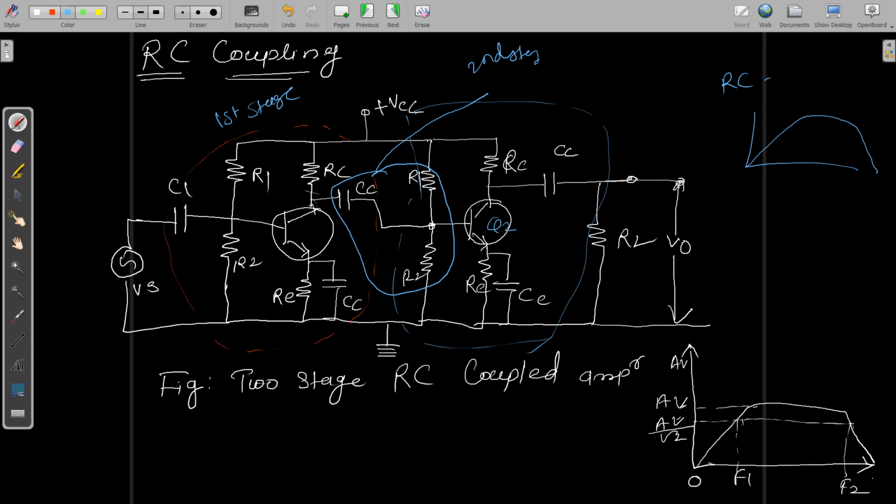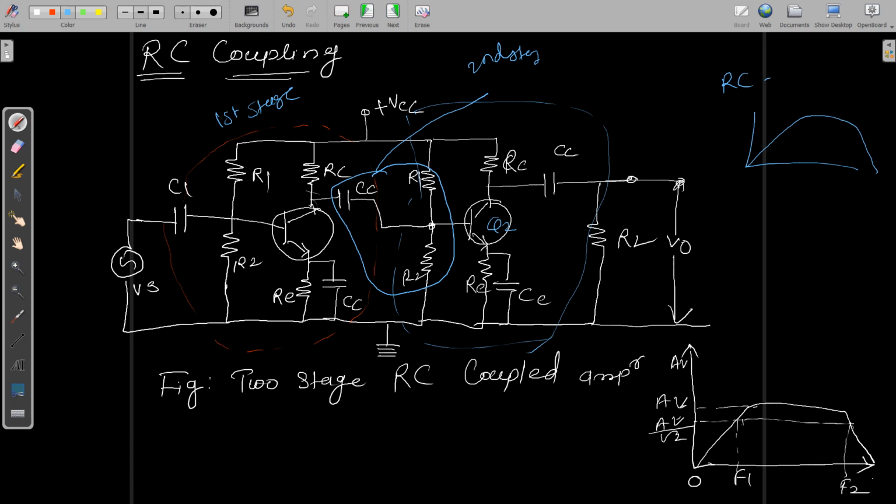The use of this capacitor-resistor network in RC coupling is that you can avoid the unwanted DC coming at the collector terminal output, so that it will not get passed to the base of transistor Q2, and the DC operating conditions of the second stage will not get disturbed. That's why RC coupling is the most commonly used type of coupling, where though the gain is not so high, you still get a wide range of frequency response.